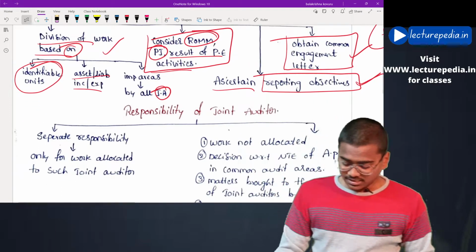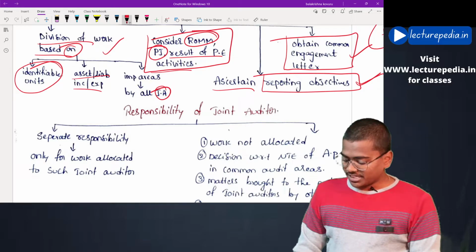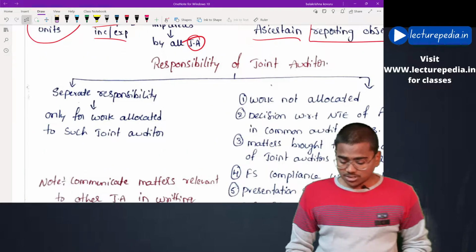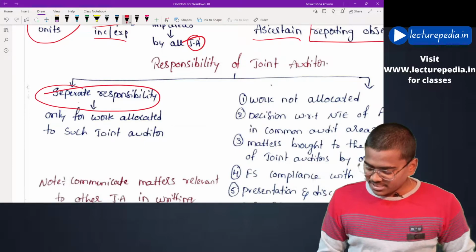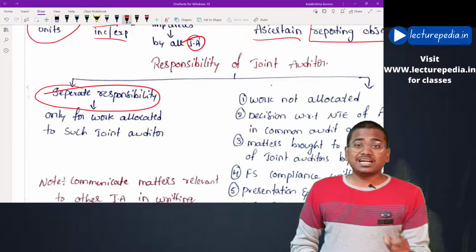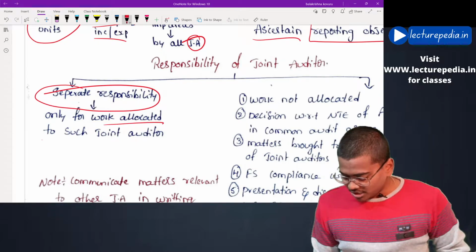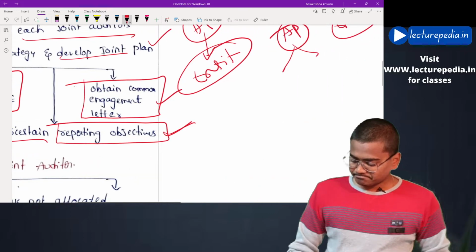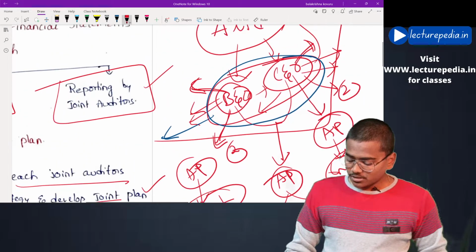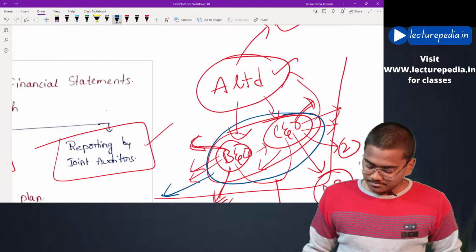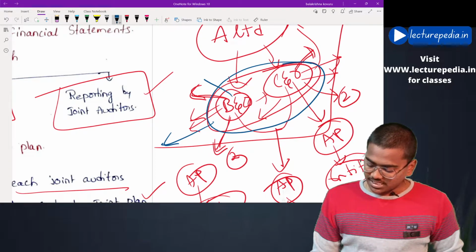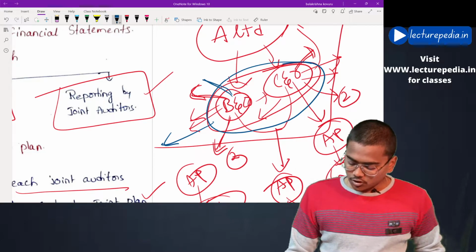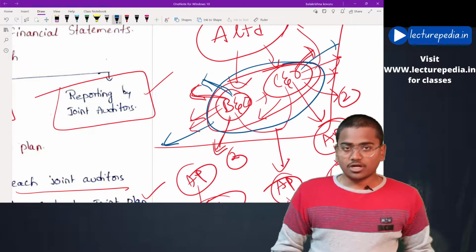Next, coming to the responsibility of joint auditors. Basically, joint auditors will be responsible individually. They will be separately responsible in respect of the work that has been allocated to such a joint auditor. Let's say they have decided that B and Co will audit the assets and C and Co will audit the liabilities.